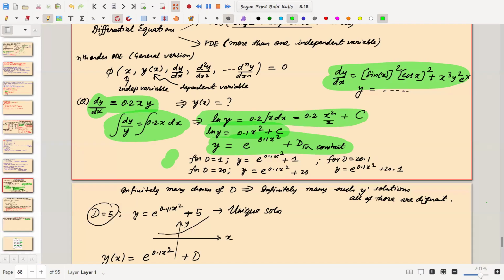Instead of telling that y looks like this, we will generate the data set. That is, at x equal to this, we have this y value; at x equal to this, we have this y value. At different points, we will say that this is the data set. We will generate the data set using numerical methods.